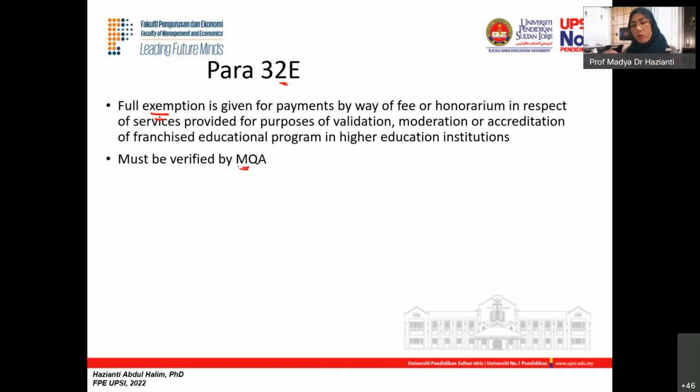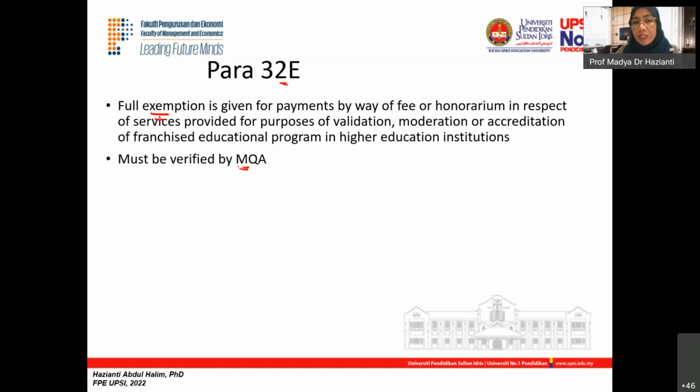So let's say the one visit dia akan dapat dalam 2,000 tu. So satu tahun dia boleh ada 2-3 visits. So 2,000, 6,000 a year dia dapat extra income lah, tapi dapat full exemption. Because itu ialah MQA panels, they review the program and they are verified by MQA.